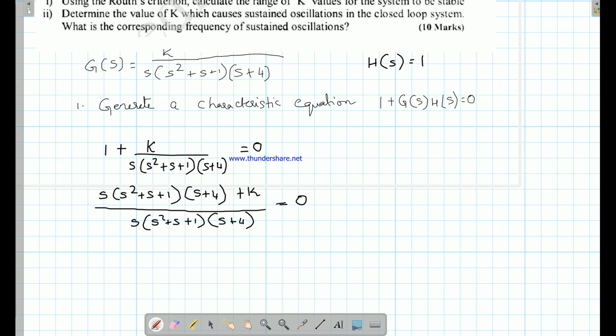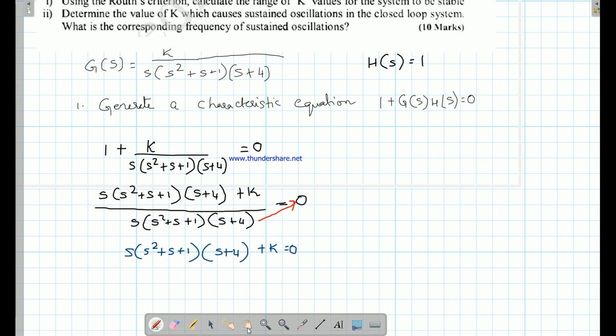Now, the denominator will get multiplied with 0. So finally we can write the characteristic equation as s into (s square plus s plus 1) multiplied by (s plus 4) plus K equals 0.